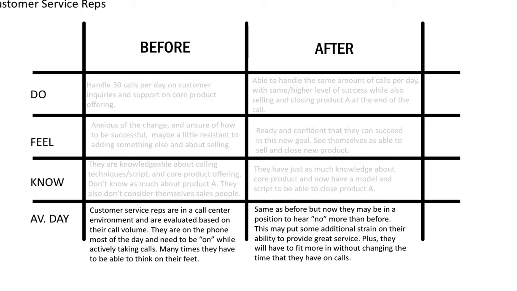Because as you can see here, information is just one part of what they need to be successful. It's all of these other parts that will really transform their ability to be successful and for the business to actually increase their results and get the goal of that 25% increase in product sales based on that learning solution.